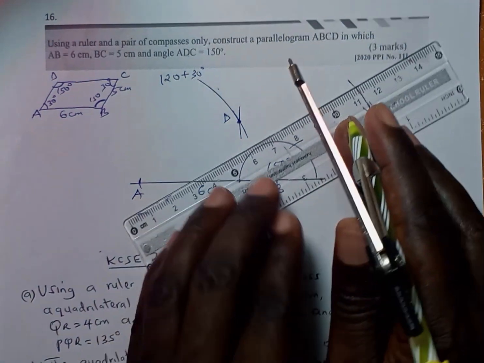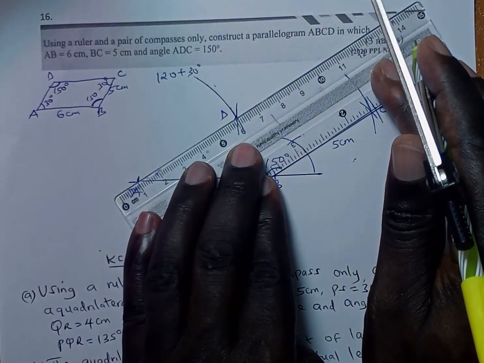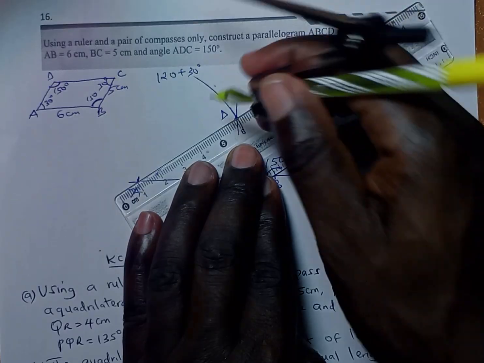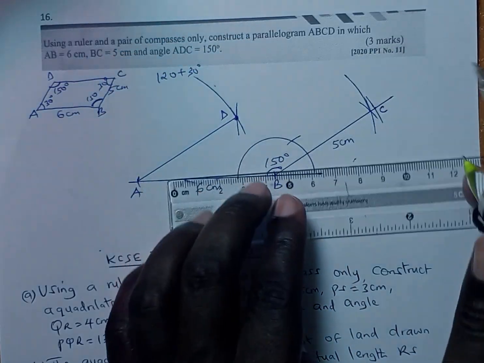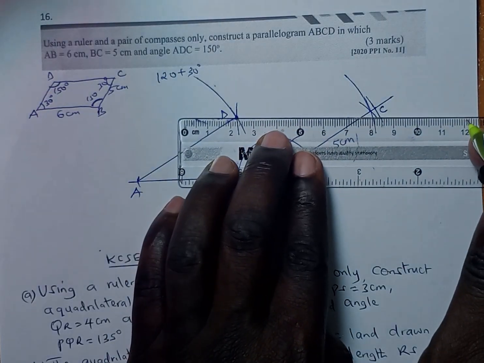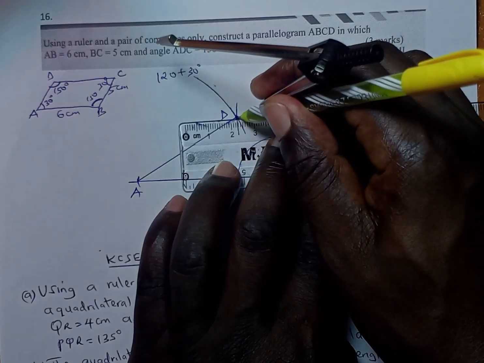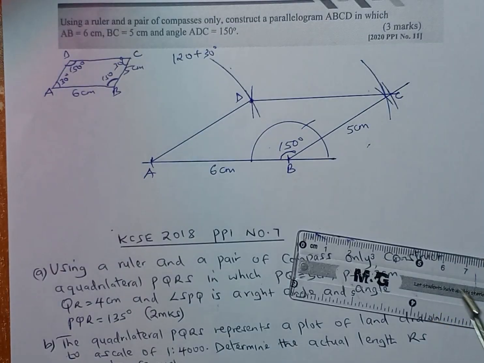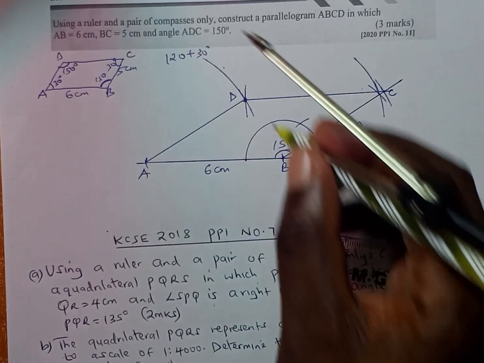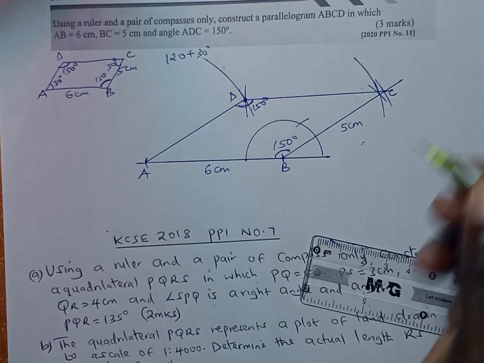Having done that, we can now join A to D. And then we join D to C. And by so doing, we have that parallelogram where D we are going to have a total of 150 degrees.